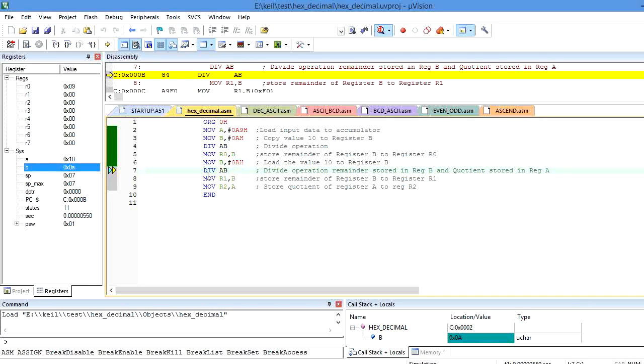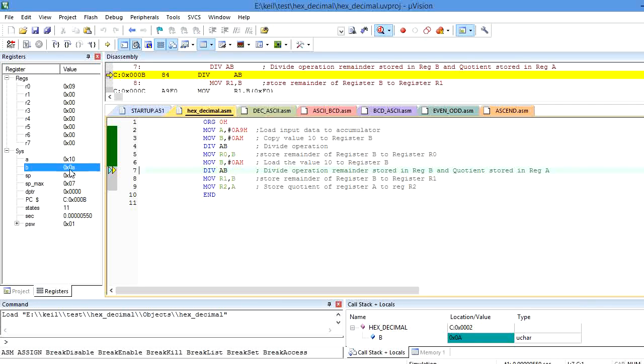After that, again I am going to perform the division operation. Whenever I perform a division operation, the A contains the quotient and B contains the remainder. Before execution, A contains 10H, that is a hexa value, and B contains 0A, that is also a hexa value.